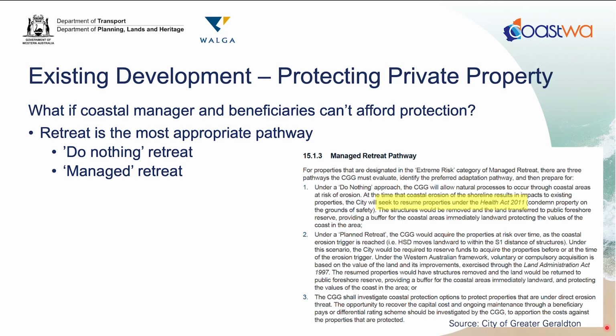Their second alternative was creating a planned retreat pathway, with the city acquiring properties at risk over time. They certainly recognise the costs that would be associated with that and the requirement to exercise that mechanism through different acts and legislation. But they did recognise that that would create an increased coastal foreshore.